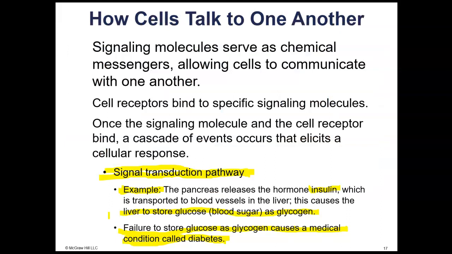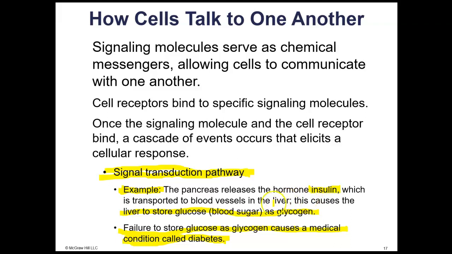Now, the next section is on how cells communicate with one another. One way is called a signal transduction pathway, and it gives you an example here. One signal transduction pathway has to do with the hormone insulin, which is produced by the pancreas.